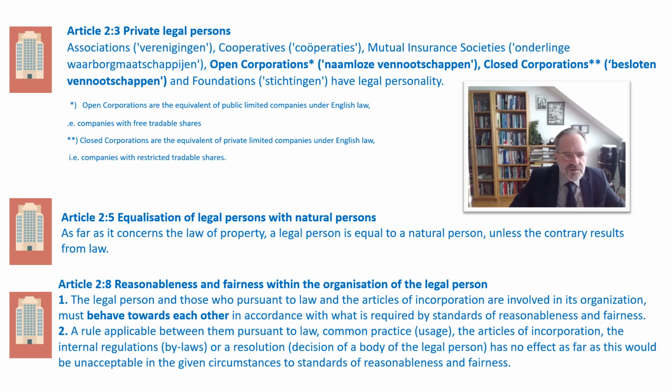In Book 2 of the Dutch Civil Code, we will find in the very beginning a list of the available legal persons, the choice made available to you as an entrepreneur.